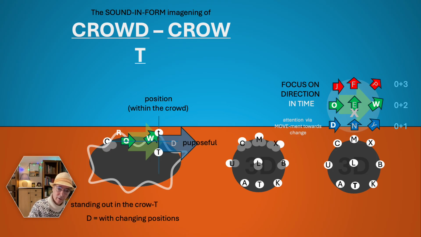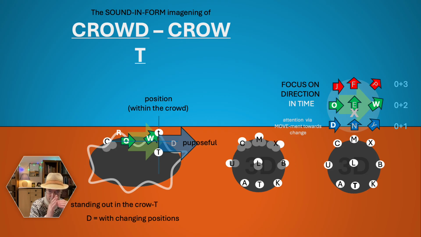And the T or the D, because crowd is written with a T. T usually is about a position, the recognizing of a position or the recognizing of a feature, of what makes it different. While written as D, it uplifts the position to going towards a different position where something has changed.